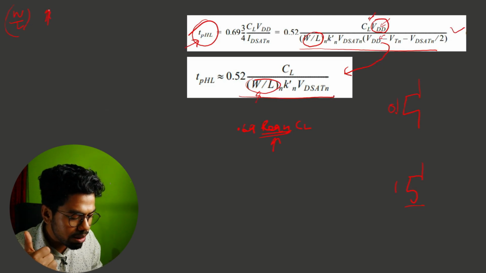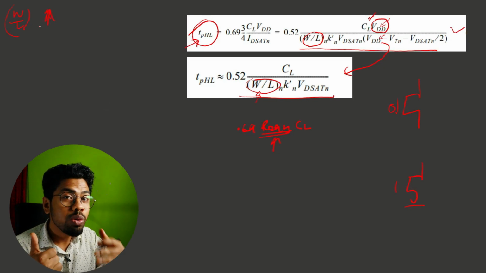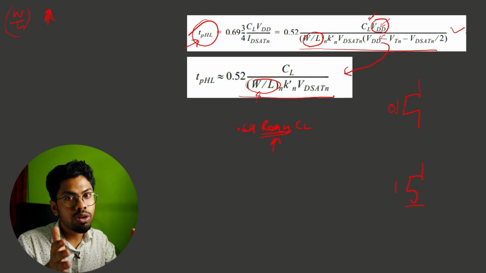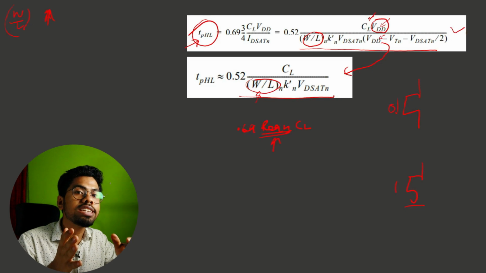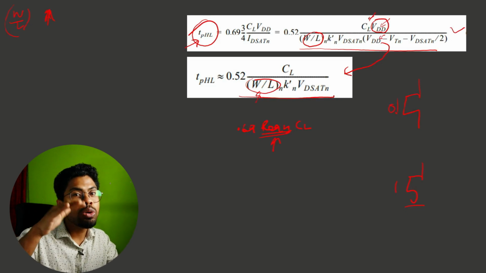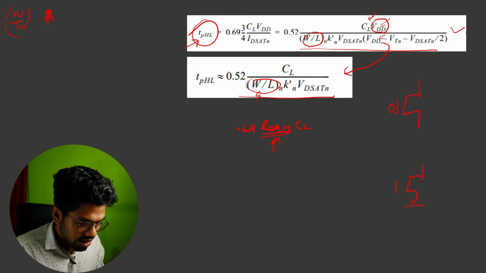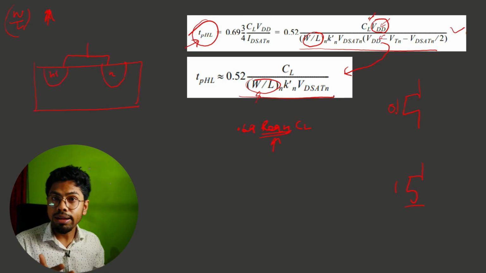If you increase your W by L, right, which means you are also increasing the size of your NMOS or PMOS. If you increase the size of your NMOS or PMOS, which will imply you are increasing the diffusion capacitance inside it. For example, this is your NMOS, right?